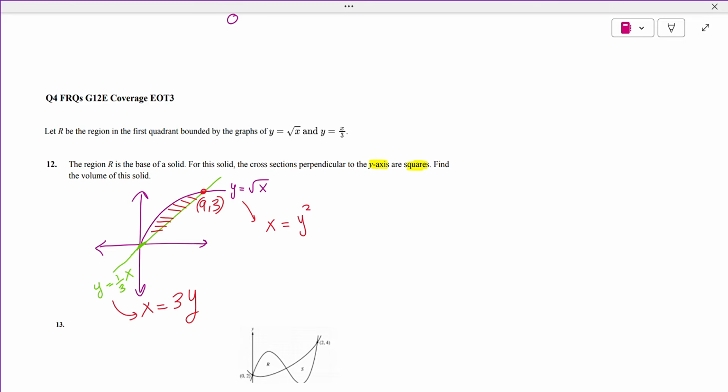So the volume is given by the integral from 0 to 3, because we are interested in y values. The outer function is the green line, which is 3y, minus the one closer to the y-axis, which is y squared, all squared, dy.